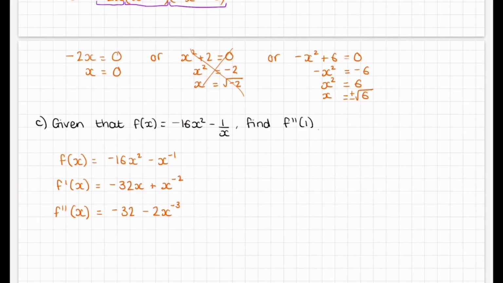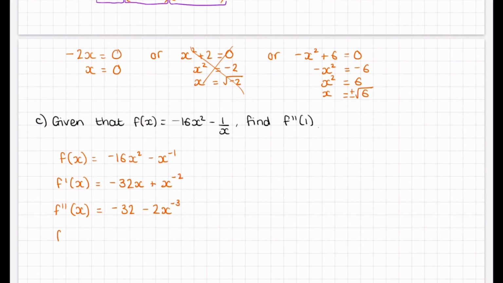And we want to find the second derivative at 1. So instead of x, we will just be writing 1. So we'll have negative 32 minus 2 times 1 to the power of negative 3, which will just be 1. So we'll get minus 32 minus 2, which is minus 34.